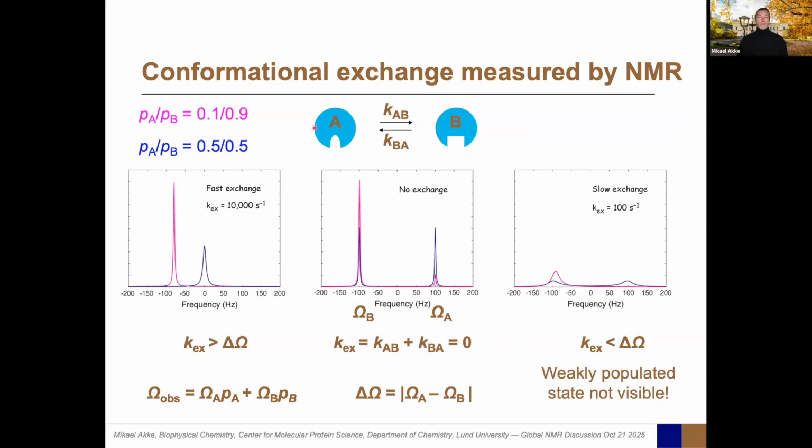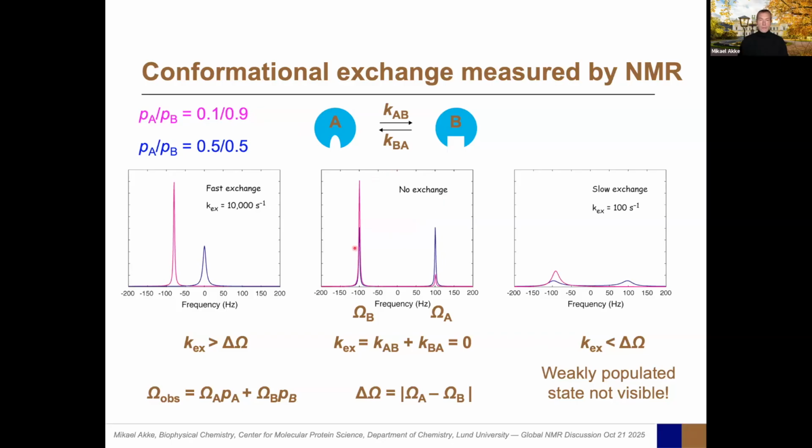So suppose we have a protein like the one I've introduced here, which can exist in two states, A and B, and we would have rate constants kAB and kBA. And we have two scenarios here: the protein exists in 10% conformation A and 90% B, or alternatively 50-50. These are depicted here in the same colors, blue or purple, in these slides.